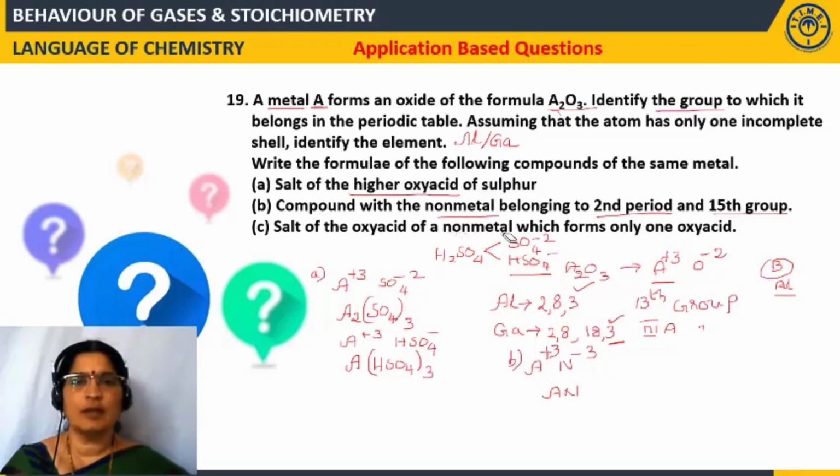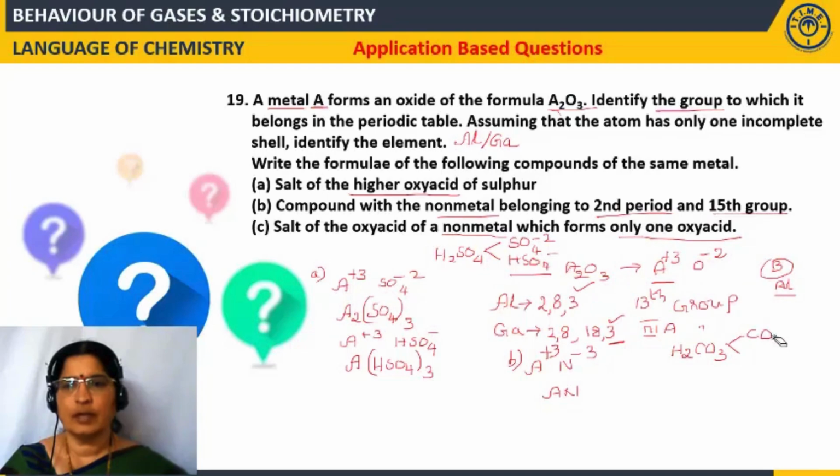Salt of the oxyacid of a non-metal which forms only one oxyacid. I have already told you, the non-metal which forms only one oxyacid is carbon. What is the formula of that oxyacid? H2CO3. It can also form two radicals, CO3 minus 2 and HCO3 minus. So this is A plus 3.